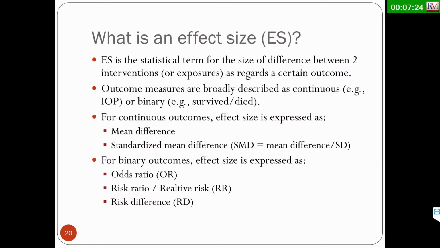SMD is the mean difference divided by SD. We use it when each study uses a different unit or tool for measurement of the outcome. For binary outcome, we express the outcome measure as odds ratio, risk ratio, or risk difference.